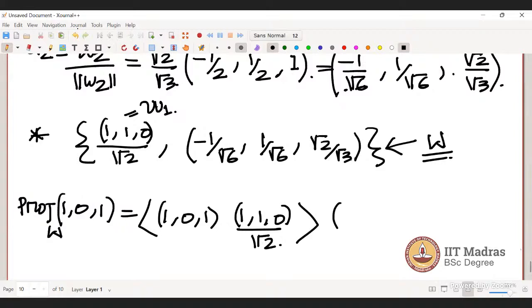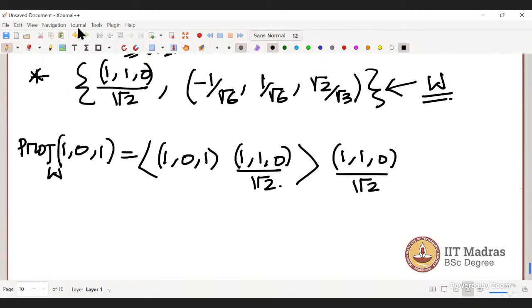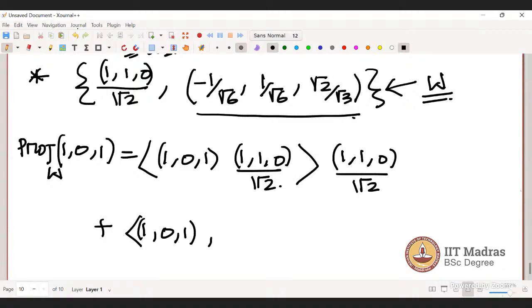This is (1, 1, 0) by root 2, and the same thing I have to do for this one, (1, 0, 1). Then this is nothing but minus 1 by square root of 6.